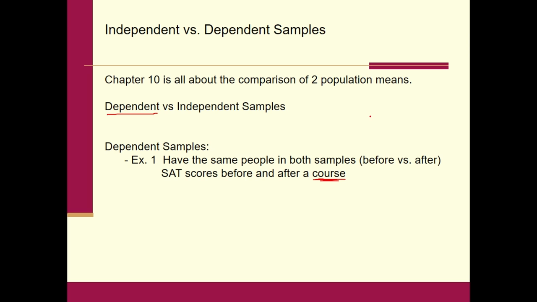We want to know that on an individual basis. It only makes sense. And so you can actually have exactly the same people in two populations. And what are the two populations here? You have a before and you have an after. Before and after what? Taking the course. And notice you have a quantitative variable here, SAT scores, and you just have a before and after.